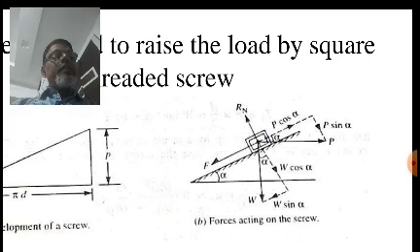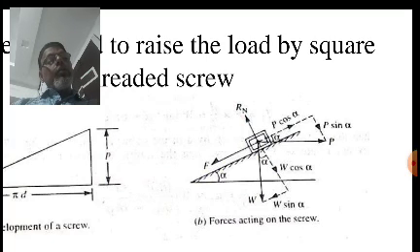So this inclined surface shown over here is the surface of the thread, and whatever load is acting there is shown as W. Now you can divide this W into two components, W cos alpha and W sin alpha.